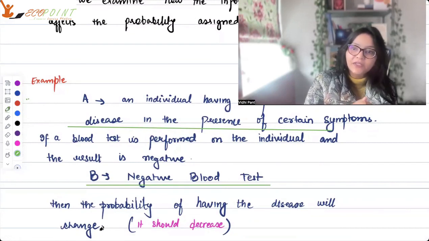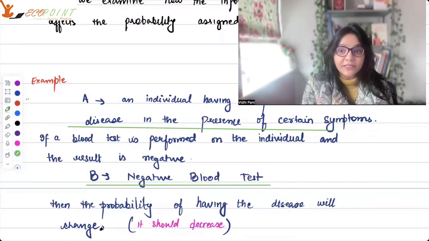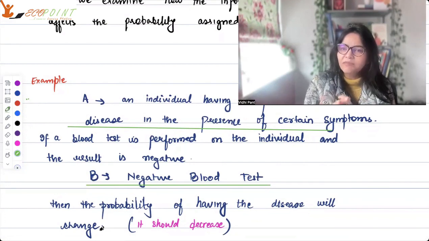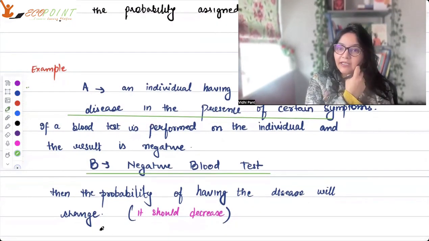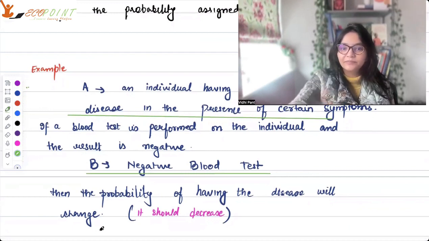But in terms of probability, I can say that the probability that this person has the disease, given that the test turned out to be negative, should be much lower than the probability that this person has the disease without any condition.